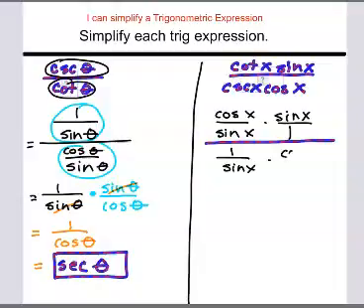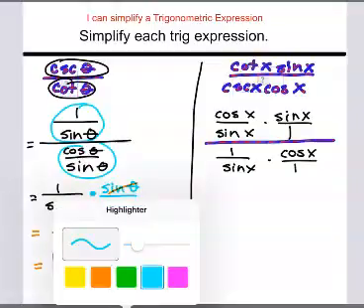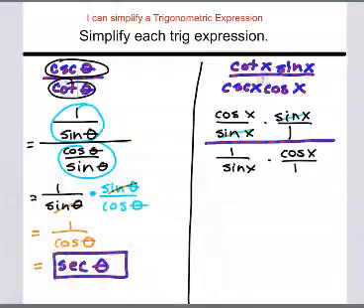And cosine is just cosine. All right, and it's like, oh, what a mess there. I do see on the top that this is going to cross off. So we end up with cos on top. And on the bottom, we end up with cos over sin.